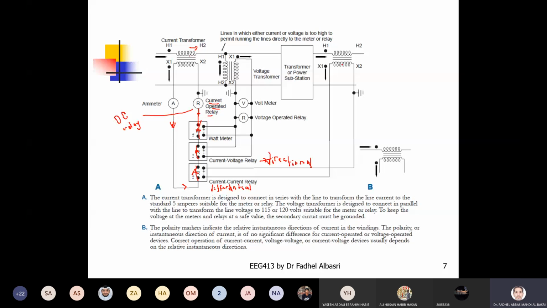So these are connections where I can use the VTs and CTs for measurements, like ammeter and voltmeter, or for protection. Similarly, here I have relays that require only voltage to operate, voltage-operated relays. One example is under voltage and over voltage relays.